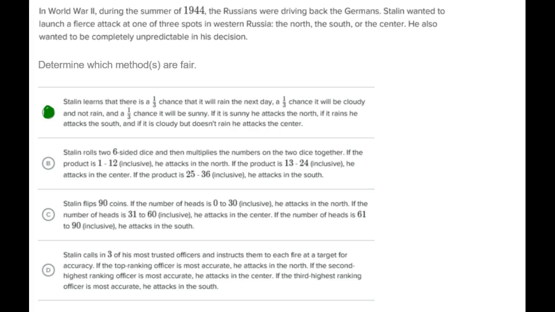This method is going to turn out to not be fair as well because of the ability levels of each of his officers. They're not going to be able to shoot at a target with the same level of accuracy as the others. So one of them is going to be more accurate, so that outcome has a greater chance of occurring. So method D turns out to not be fair. The only method that would be fair in this case is method A.